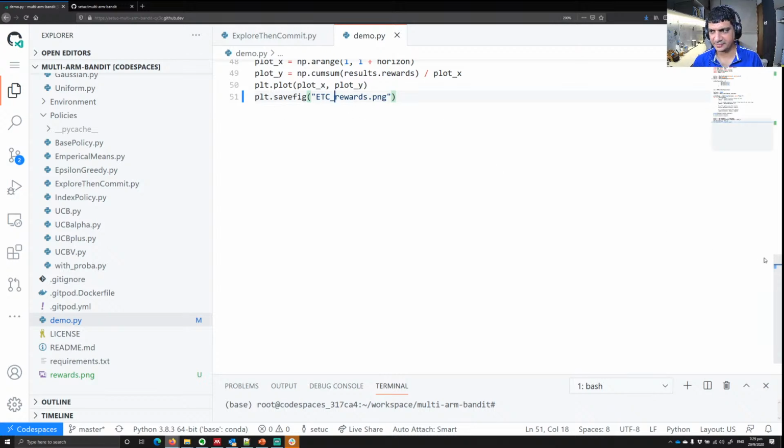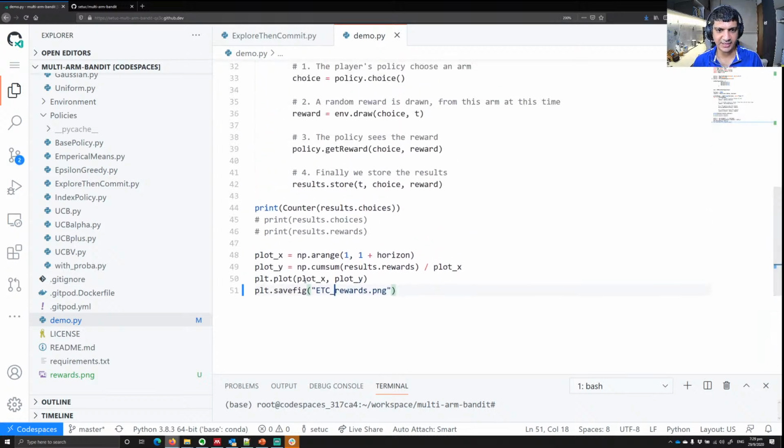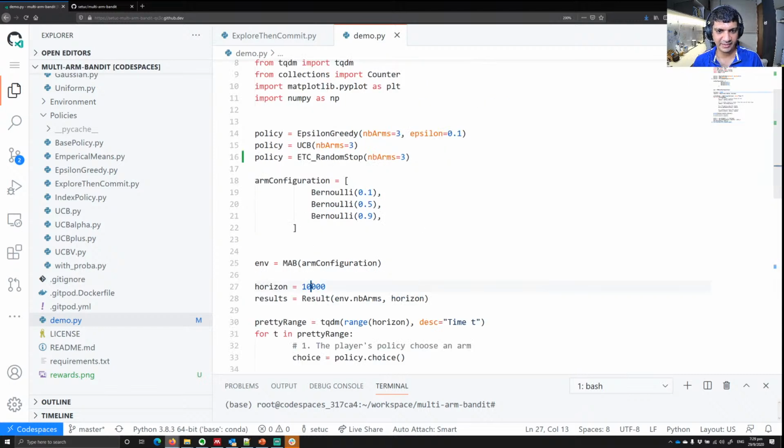And I just did a very simple chart where I'm going to plot the rewards and cumulative rewards over time. My time period is set as 10,000. So this is 10,000 times that I'm going to pick between the 3 arms that is defined by the policy random stop. And knowing from the arms themselves, I know my arm 3 should be the best arm because I have predefined it.